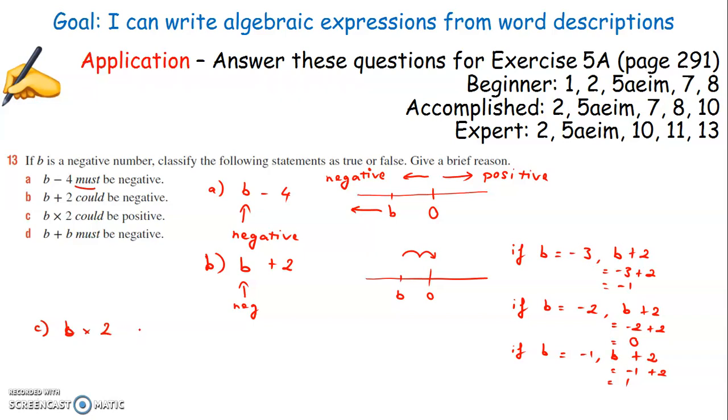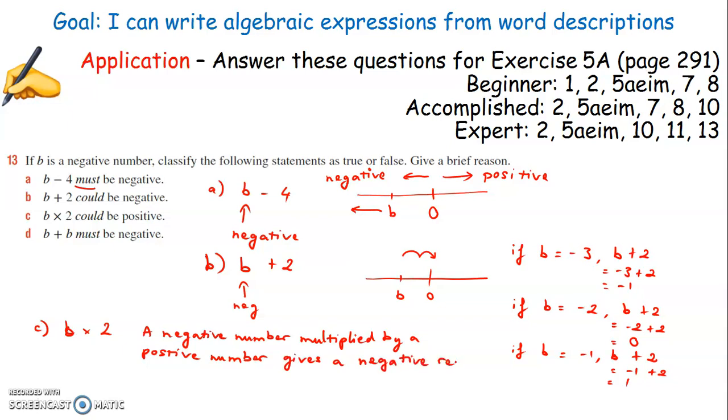I hope that you remember that a negative number multiplied by a positive number gives you a negative result. Right? A negative and positive gives you a negative.